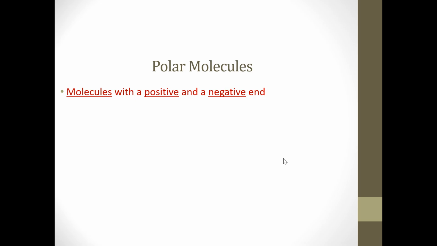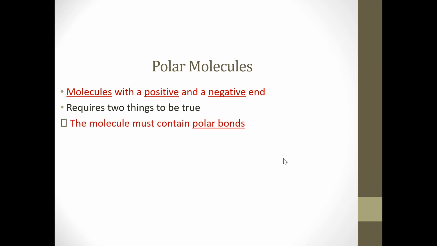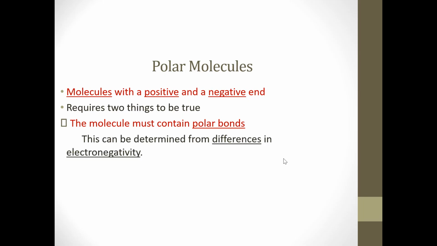This is a combination of two things. One, we need to make sure that the molecule has polar bonds. If the molecule doesn't have polar bonds, then we can't have a polar molecule. You have to have individual bonds with an unequal sharing of electrons. We can tell whether the bonds are polar by looking at those electronegativity differences.